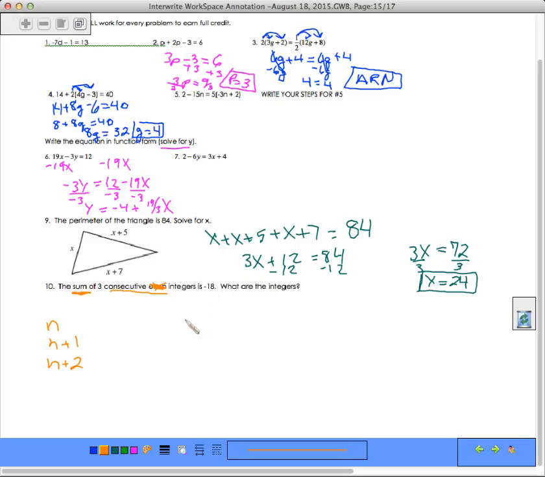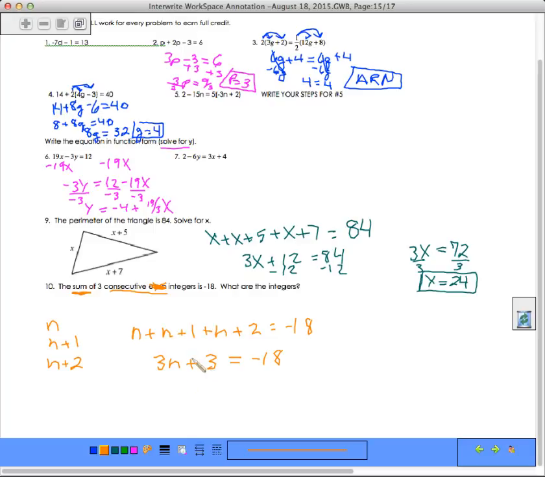However, I want it to equal negative 18 now, so I need to set it up. If I add them together, it equals negative 18. Add all my n's, I get 3n. Combining like terms here, I get 3n plus 3 equals negative 18.